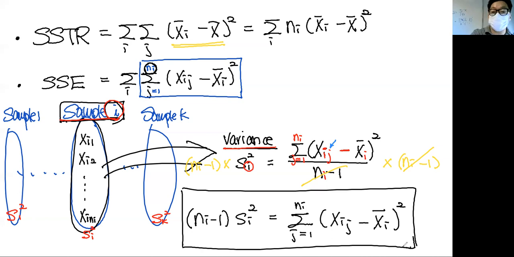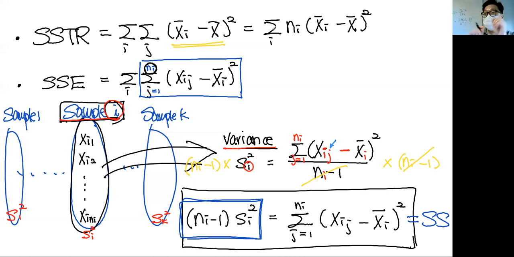Now the left-hand side is just simply a sum of squares. It will be this. So far, so good. Please try one more time by yourself, carefully using the notations.